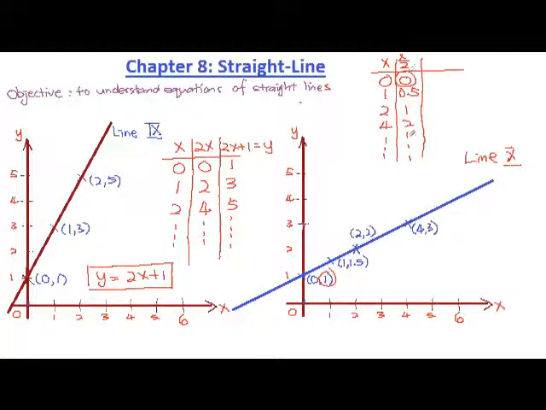Now, let's look at the value of y, 1 and 1.5. What can you see? Yes, the value of y is 1 more than the value of x over 2. What about 1.5? Yes, again, 1.5 is 1 more than 0.5.